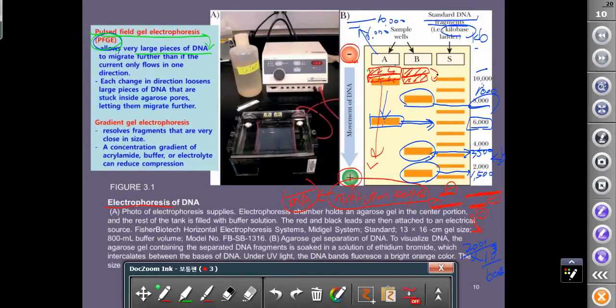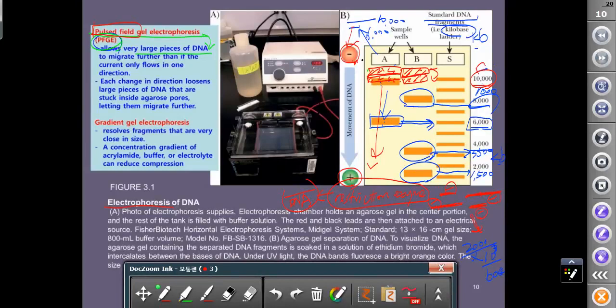Then you want to separate them. For example, most of them are larger than 10,000 kilobase, and those are the samples you have. Then what should you do? You apply a pulse. The pulsed field means it's not a continuous field. You apply the field and pause, and then apply it again.